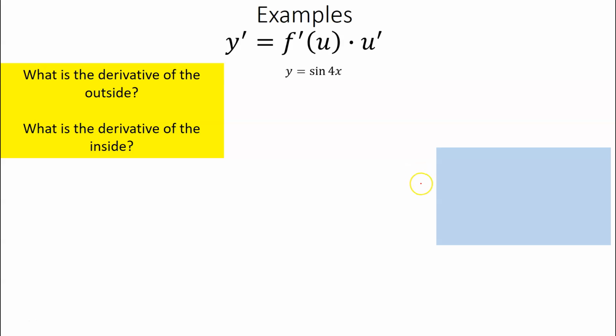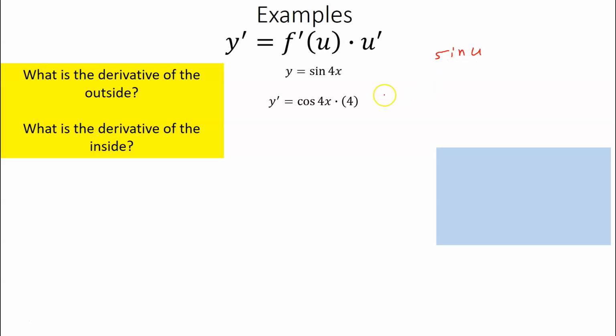Okay, so let's take a look at a trigonometric one. Here, the u is the 4x. That's the inside part. The sine is the outside part. Okay, so the derivative of sine is cosine. You do keep the 4x there, because I kind of am trying to push you here. If you need, think of it, well, what would it be if it was the sine of just u?